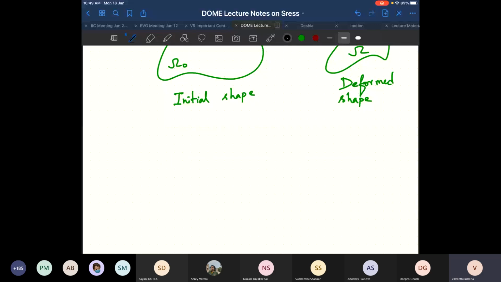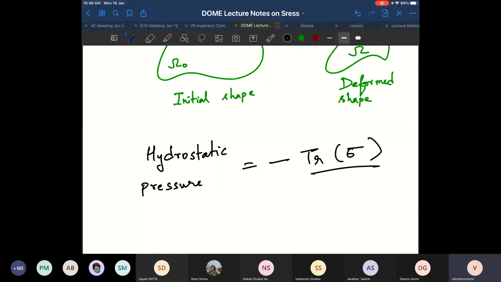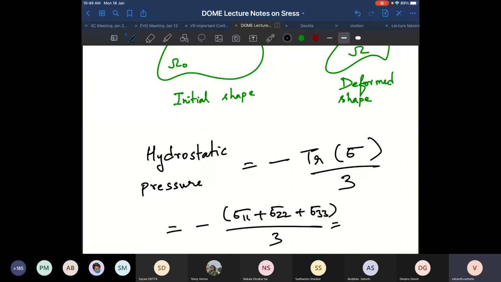Hydrostatic pressure is defined as minus trace of sigma by 3. This is true in any coordinate system. So this will be minus of sigma 1 1 plus 2 2 plus 3 3 by 3. In terms of principal stresses also, this is minus of sigma 1 plus 2 plus 3 by 3.